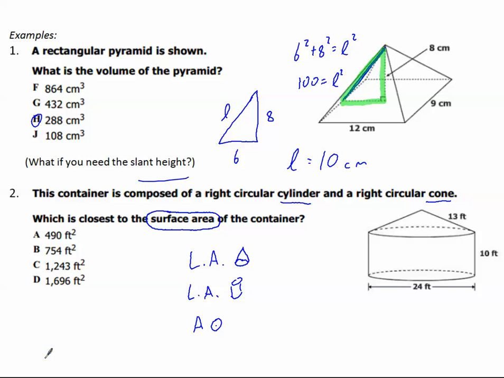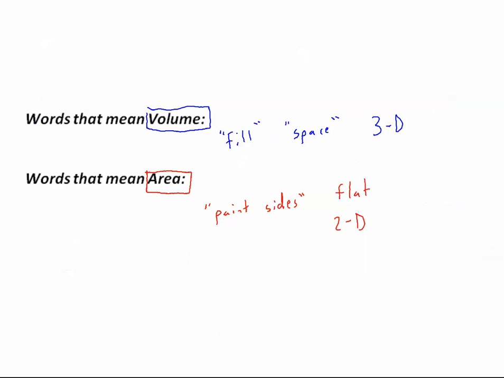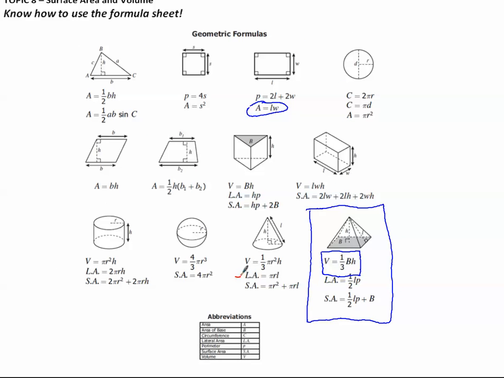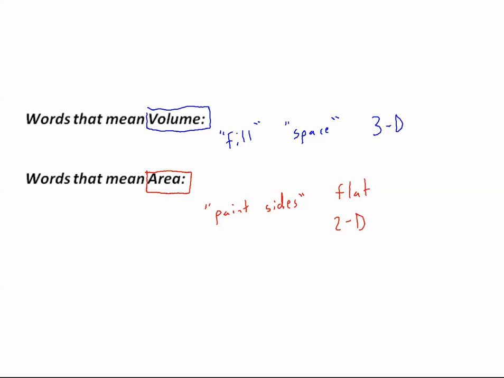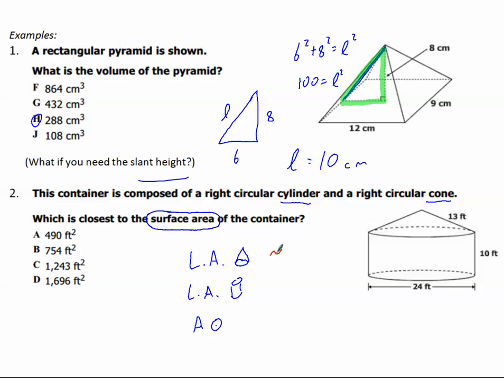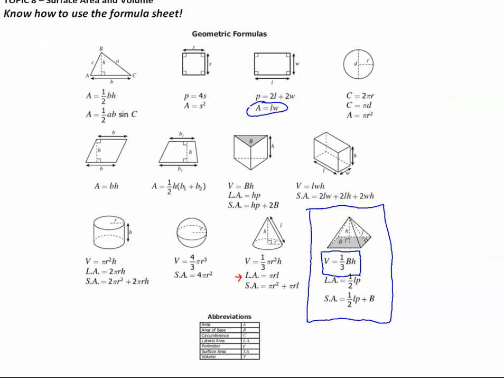So I'm going to go back and copy down a few formulas. Lateral area for a cone, right here. Pi times r times L. Lateral area for a cylinder, right here. 2 pi r h.